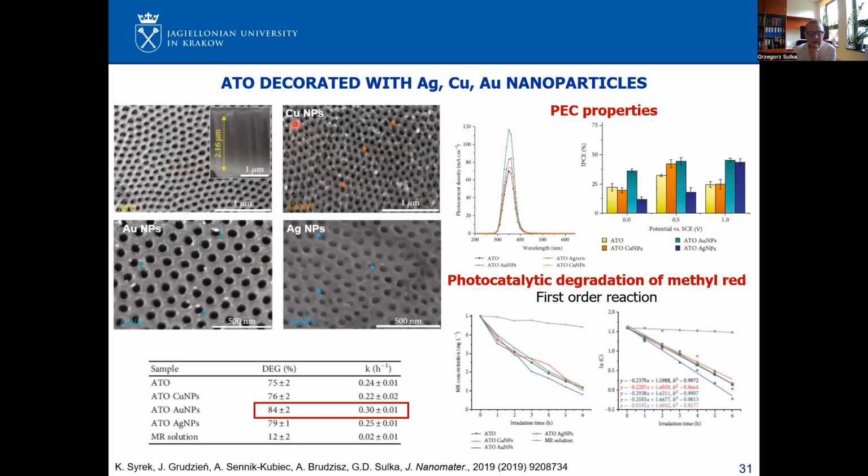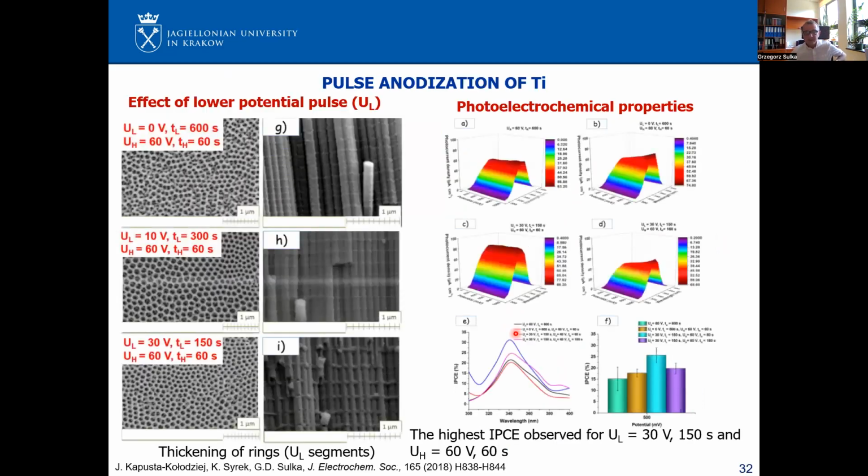We used copper, silver, and gold nanoparticles dispersed on the surface. We observed the best photoelectrochemical properties in terms of quantum efficiency for materials with gold nanoparticles dispersed on the surface, and we also studied photocatalytic properties of such materials, also observing the best degradation of methyl red in the case of gold nanoparticles dispersed on the surface.